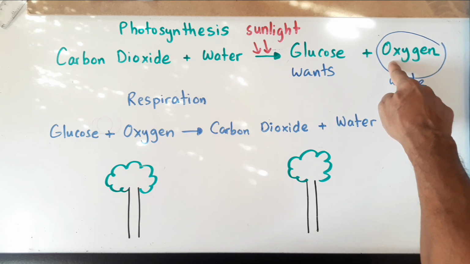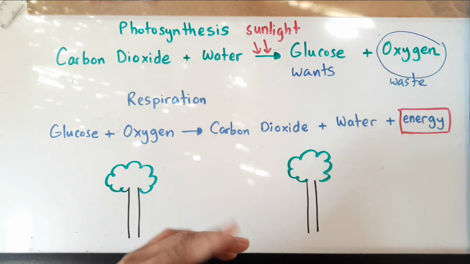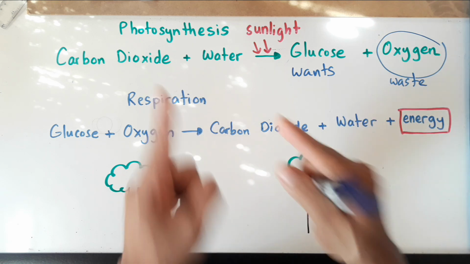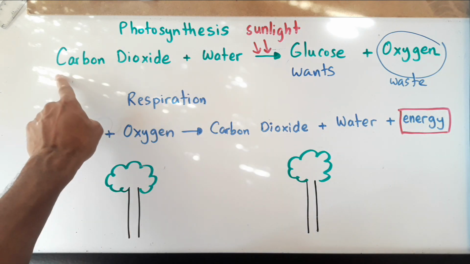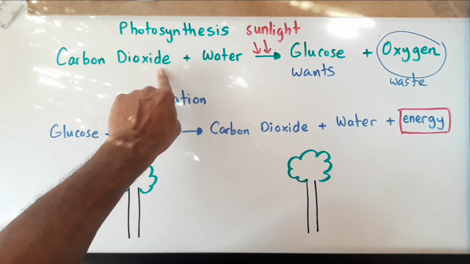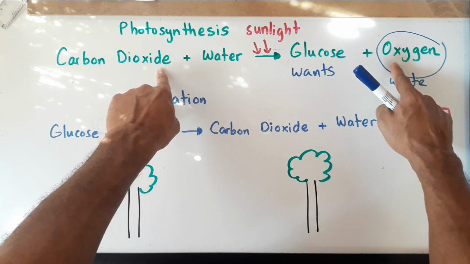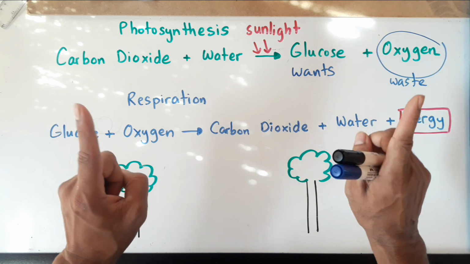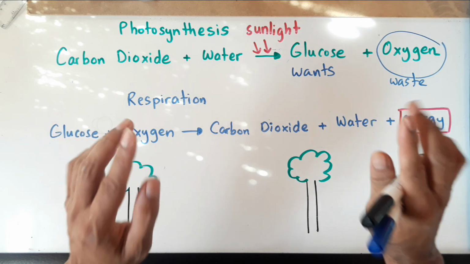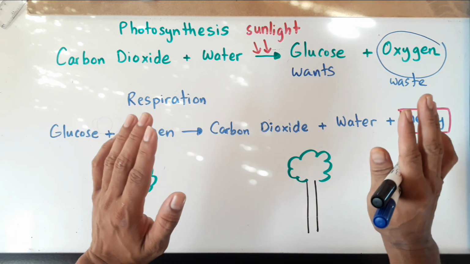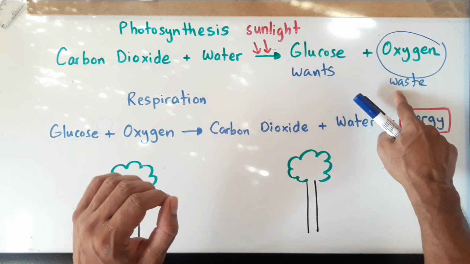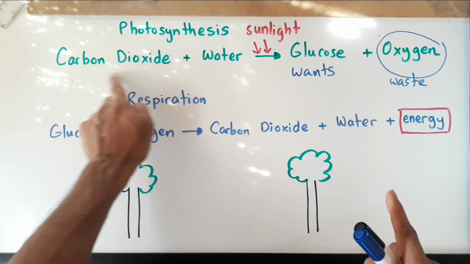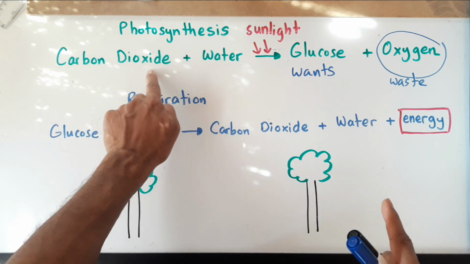So the answer for that would be oxygen. If they ask you what gas is needed, now hear the word, needed for photosynthesis, carbon dioxide is what is needed. Oxygen is what is produced. So when you're doing the questions, especially the multiple choice, look for those words, right? Waste and produce is oxygen. Needed gases, well, the needed gas is carbon dioxide.